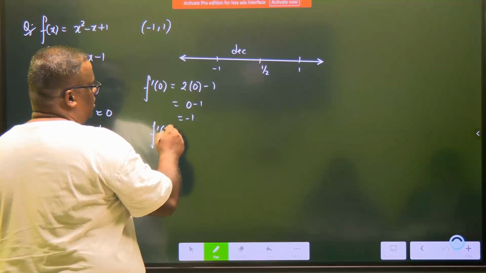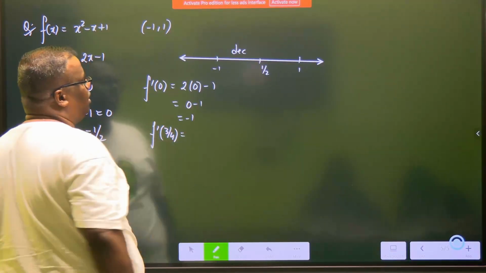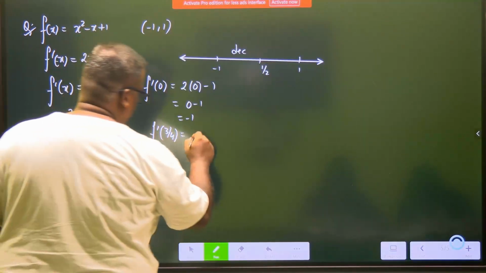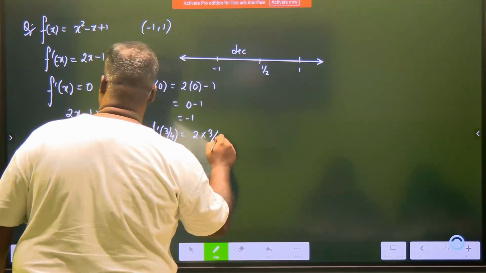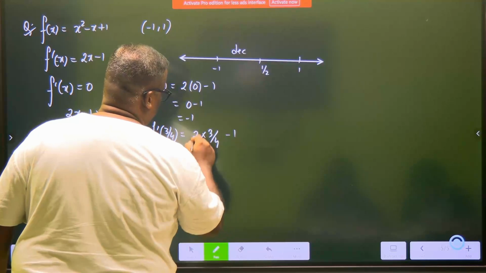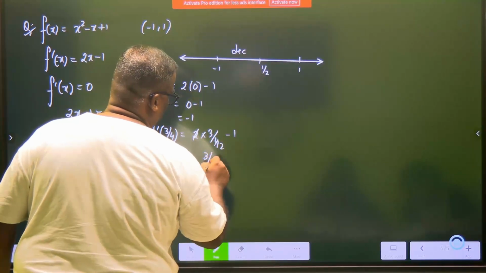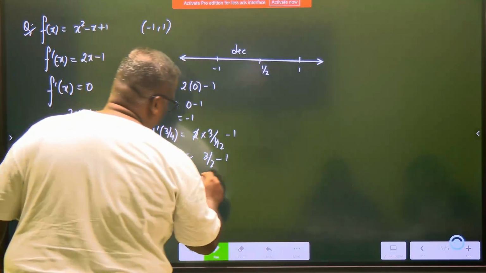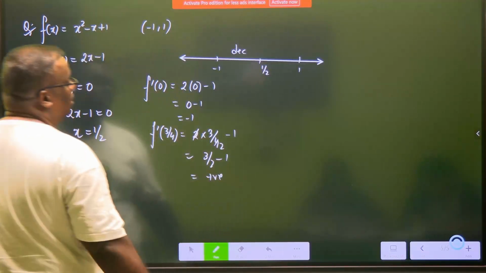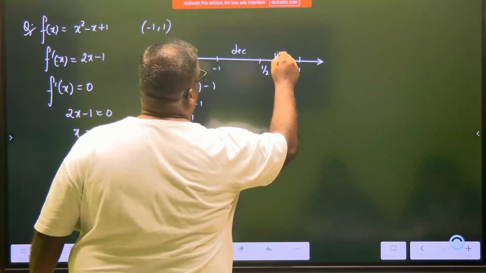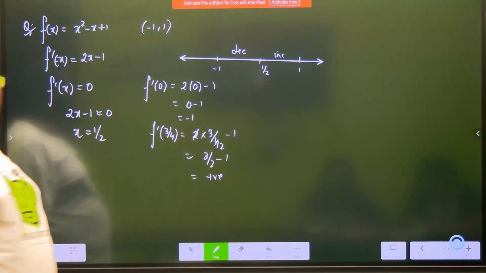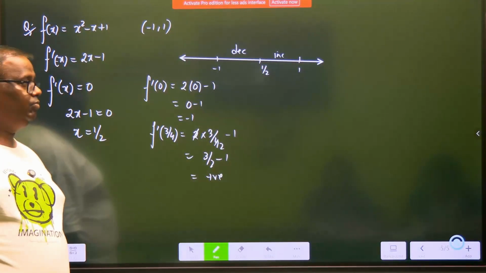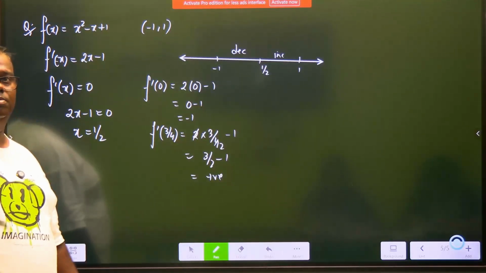F dash 3 by 4, 0.75, is 2 into 3 by 4 minus 1. So 3 by 2 minus 1 is always positive. So here the function is increasing. So between minus 1, 1 it is neither increasing nor decreasing. Clear? Logic clear? Very good.